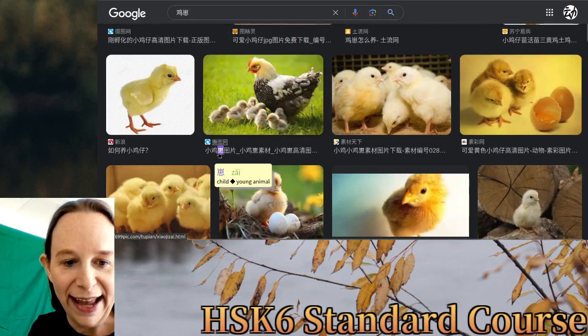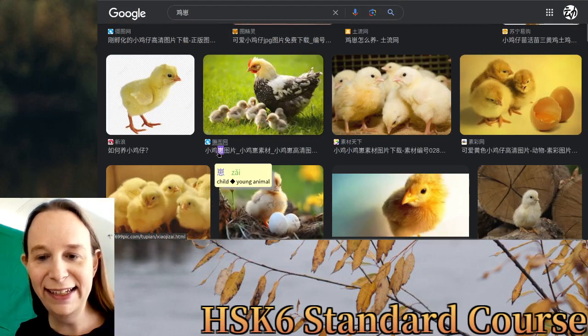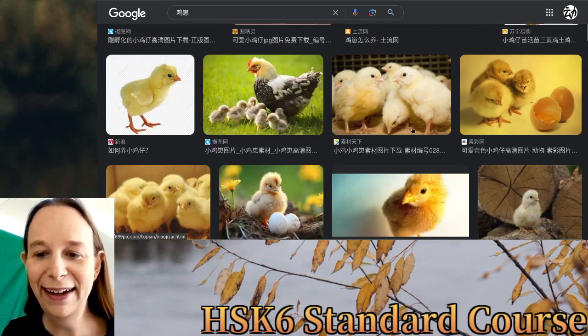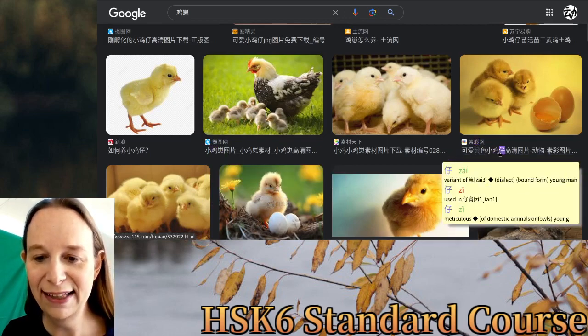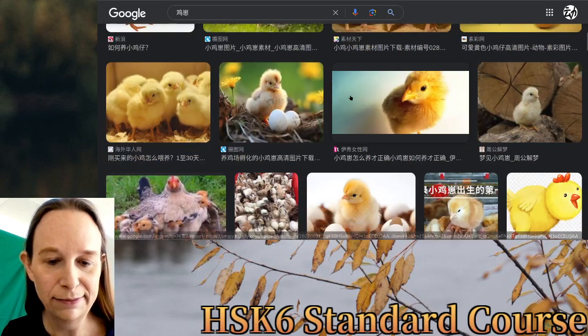Yeah, 小鸡仔. So at least I'm declaring that it's necessary to know both characters, 仔 and 仔.